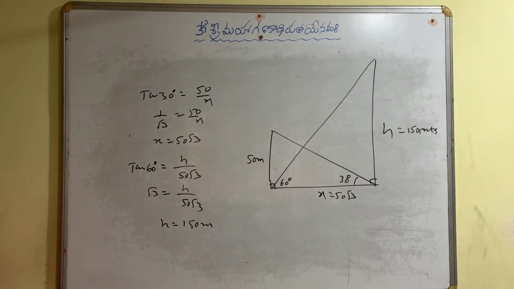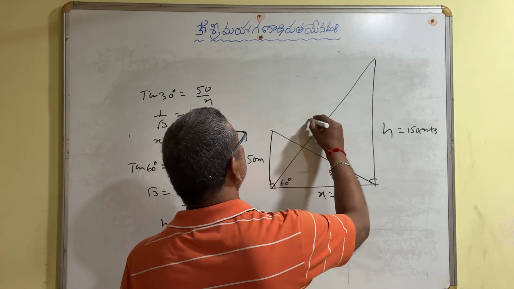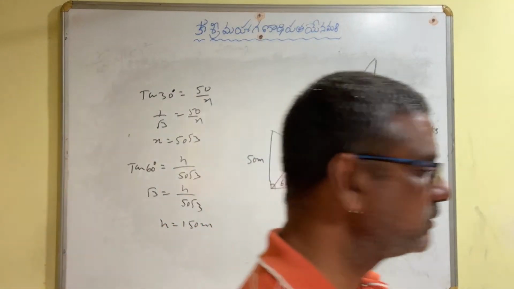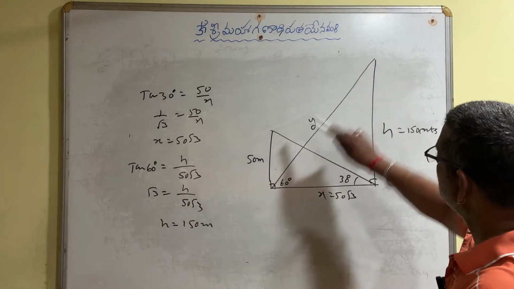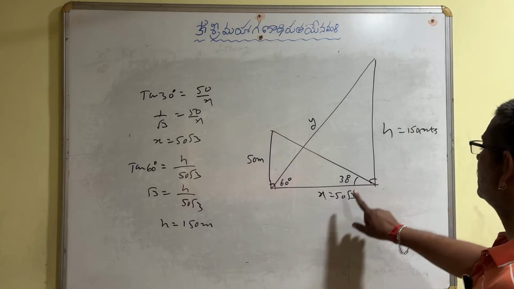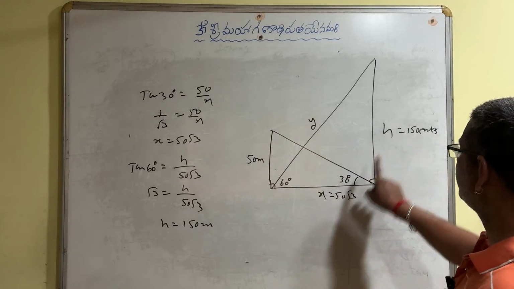Next question, find the distance from the foot of the tower to the top of the hill. We need to find this one. Find out y, children, fast. This distance we want. This is 150 meters, and this is 50 root 3 meters.